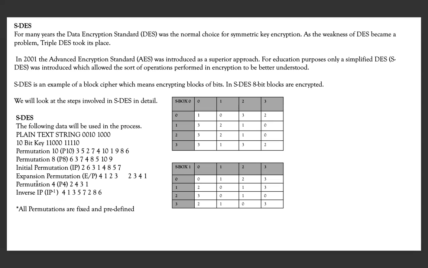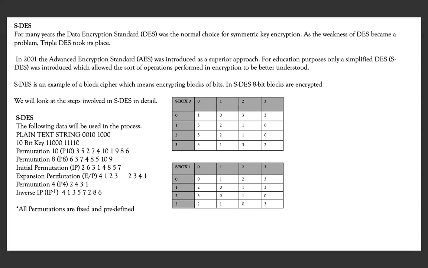And there is this one, known as the expansion permutation, which is only applied to a nibble, just one nibble, only 4 bits. So bit number 4 comes here, then 1, then 2, then 3. Then for the following 4 bits, 2, 3, 4, and 1, like so.